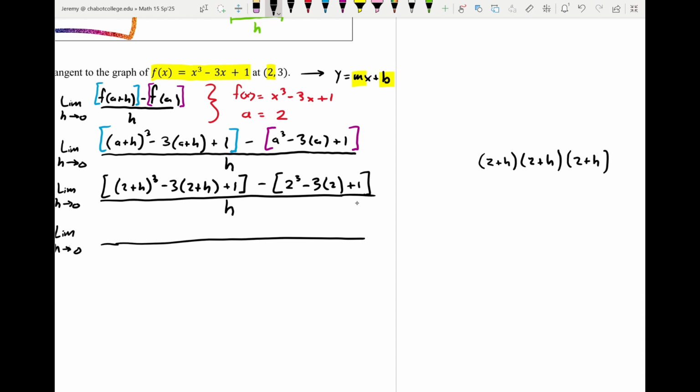Multiplying out 2 plus h times 2 plus h, you get 4 plus 4h plus h squared, and then we want to multiply this by 2 plus h. You can then take this and distribute it in. That's how I see a lot of people doing it.